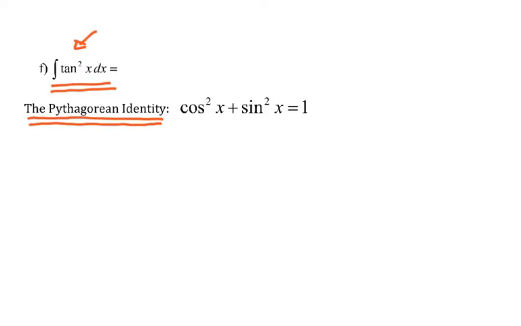Well, I don't see any tangent squared x here, but suppose I divide this by cosine squared x. If I do it in one place, I better do it in every place. Now I've turned my Pythagorean identity into this.